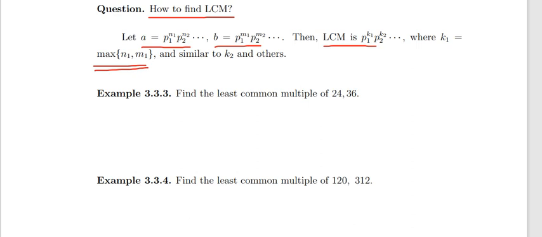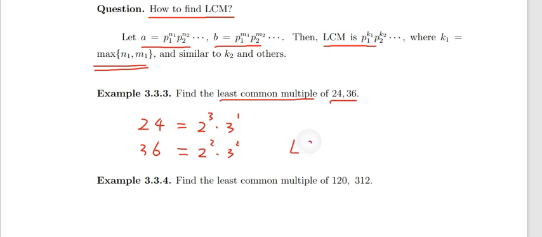If we have 24 and 36, we want to find the least common multiple. 24 is 2 cubed times 3 to the first, and 36 is 6 squared, so 6 squared is 2 squared times 3 squared.